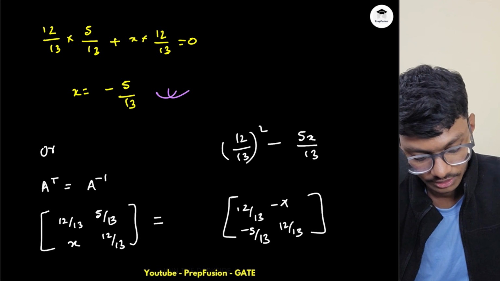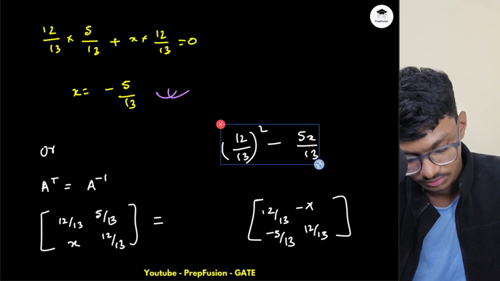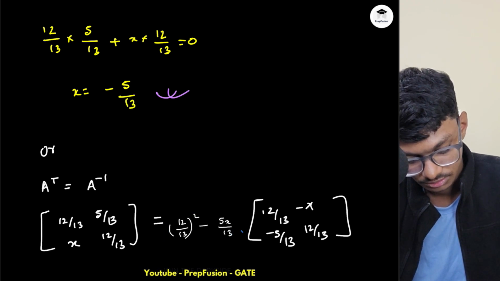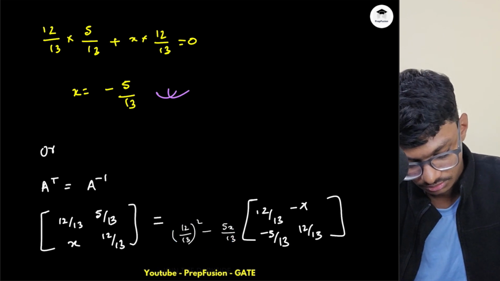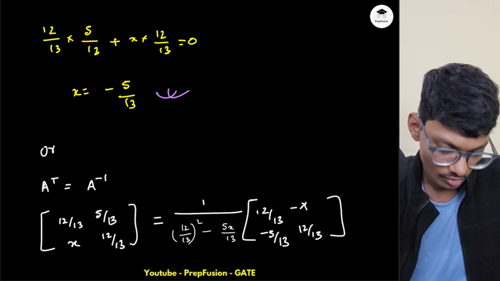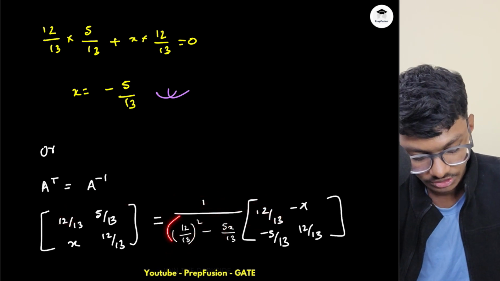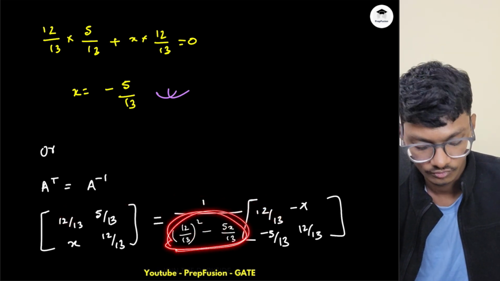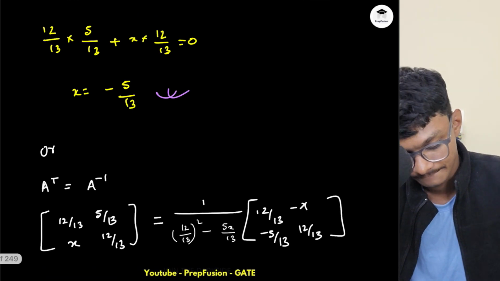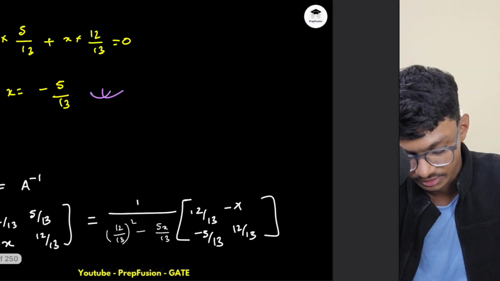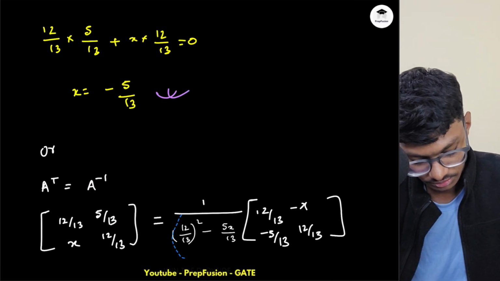What I can do is write it in this format, this will be here and this will be here. This is 1. Now how do we derive this? If you multiply this with this, this has to equal 1 here. So this has to satisfy, and obviously this is 12 by 13. I will copy this.